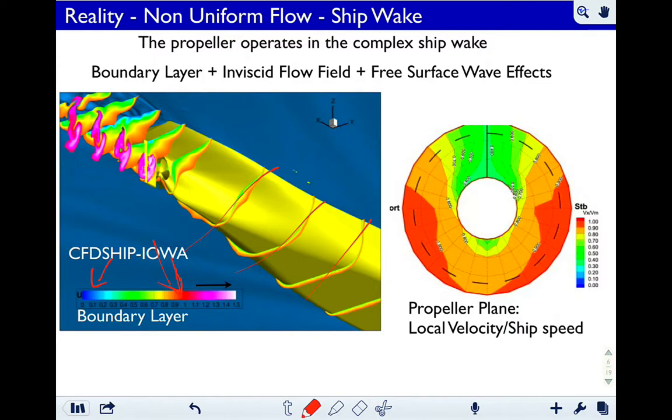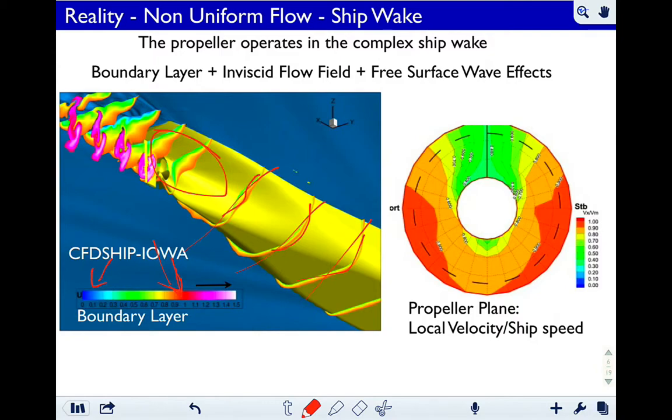So at the hull it's exactly 0, and as we get out away from the hull, it gets back to free stream speed, which is going to be 1 here. And so that basically gives you an idea of the thickness of the boundary layer here. It's pretty thin. When you get in this part of the hull here, you can see how much it thickens up.